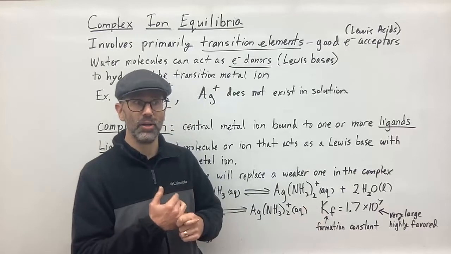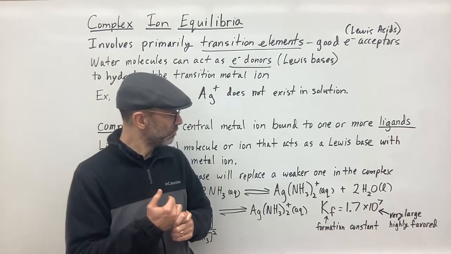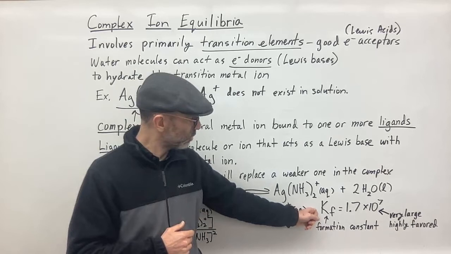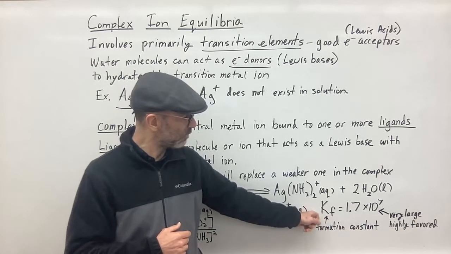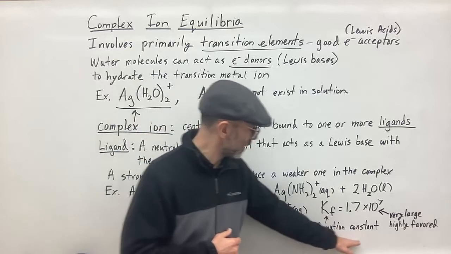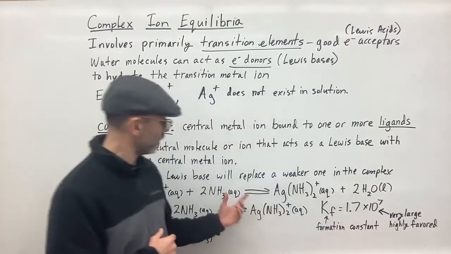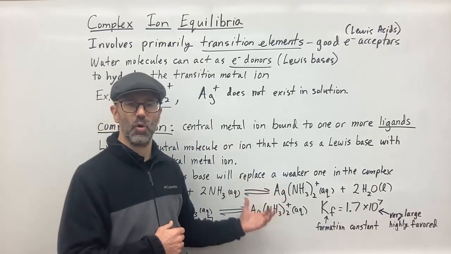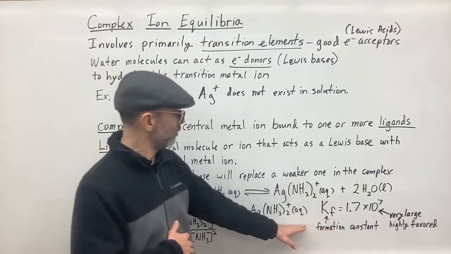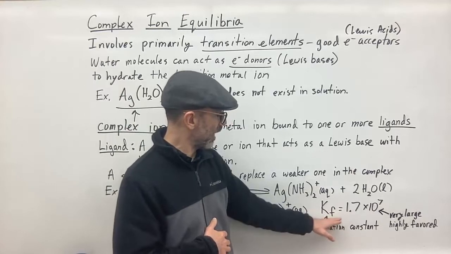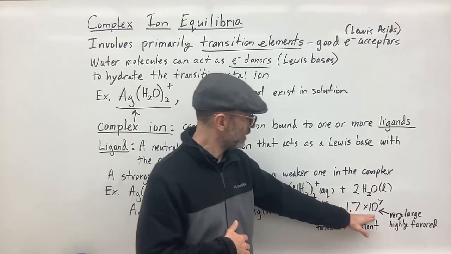By the way, we also had another equilibrium constant as well. With Kf, that's basically your formation constant for this equilibrium, the formation of your complex ion. And you'll notice that the Kf is 1.7 times 10 to the 7.